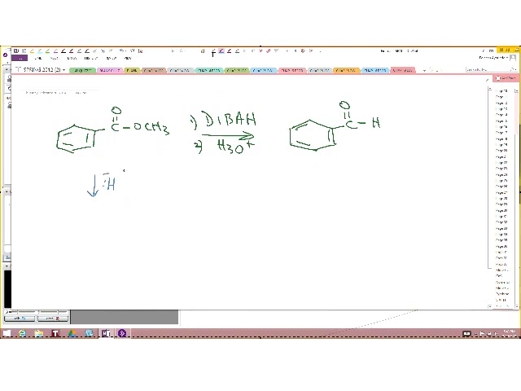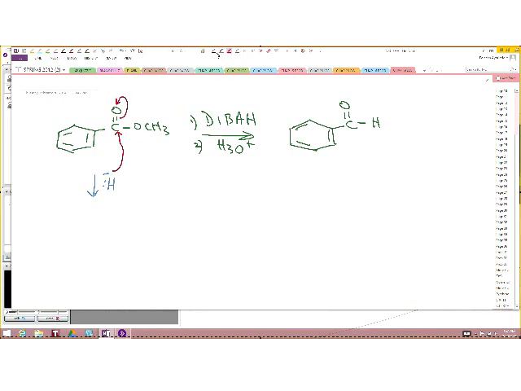So you start with the hydride. What is going to happen? Oh, very good. Attack the carbonyl carbon. The hydride acts as a nucleophile, and the carbonyl carbon is an electrophile, right? And this pi electron goes to here.